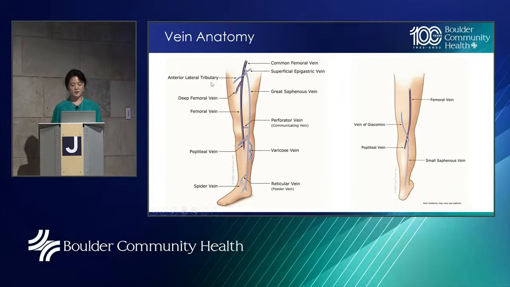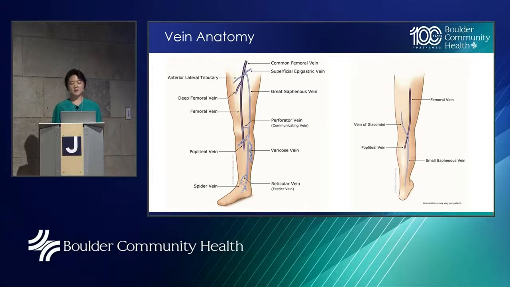So these are just some of the names and some of the diagrams and schematics of the veins that we have. There are lots of other little veins in our legs that are doing our drainage and return of blood to the heart on a daily basis.